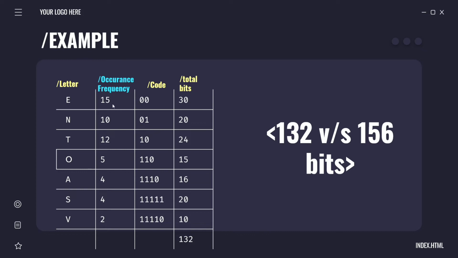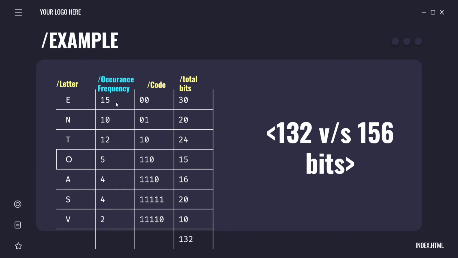So for example, over here E had the frequency of 15, so its code length is 2. N had the frequency 10, so its code length is 2 and its code value is 01. For V, the frequency was comparatively much less, so the code length is relatively larger.